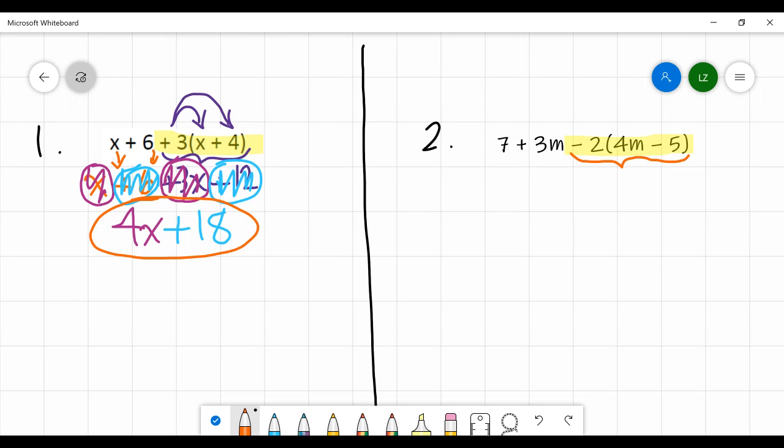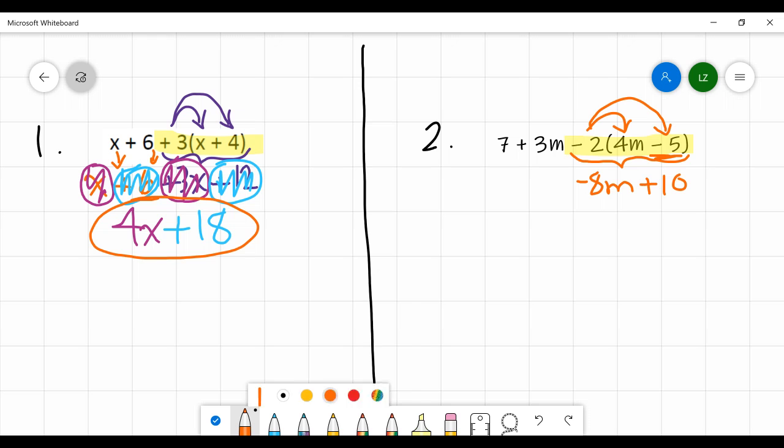So in order to take care of my parentheses, I must distribute by multiplying that front number to everything inside the parentheses. So negative 2 times 4m would give you negative 8m. Negative 2 times a negative 5 would give you a positive 10.